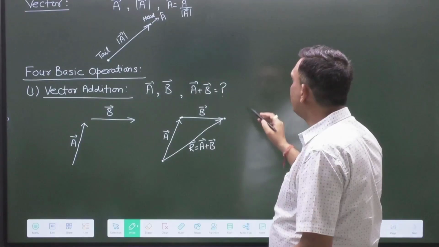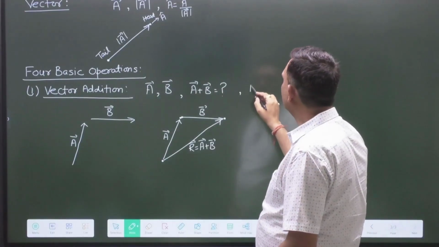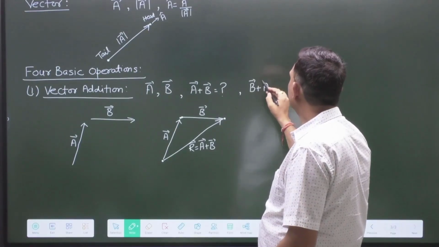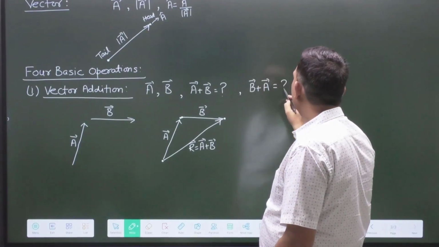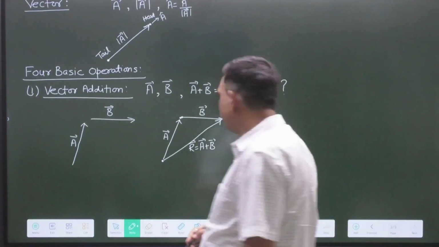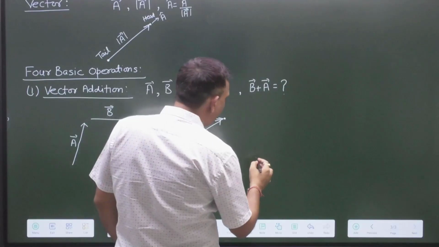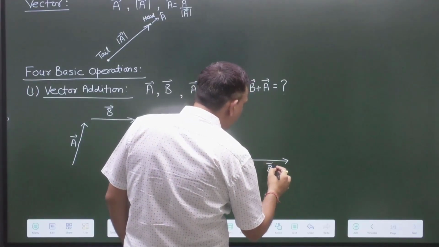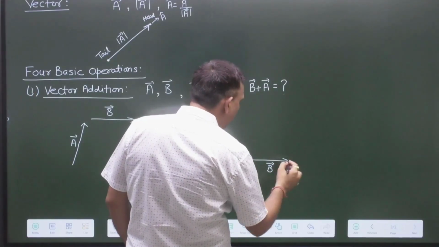We can also represent B plus A. In the same way, you can represent B plus A. So we will first place the B vector. This is B, this is its tail and this is head.